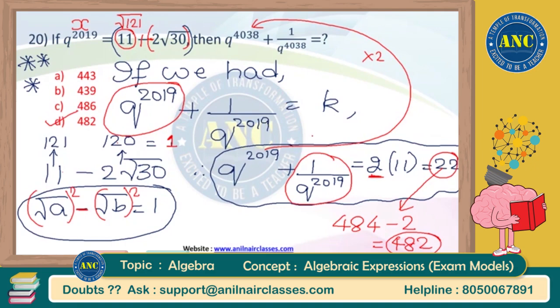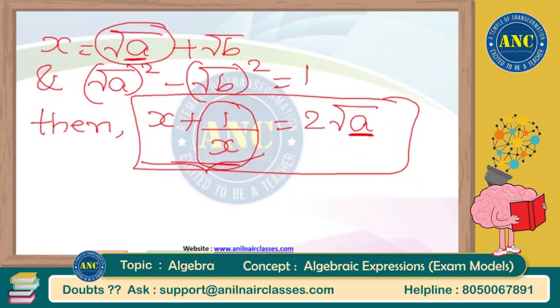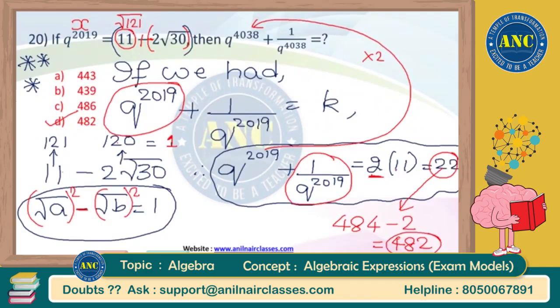So from there, using this notation, I can get it as 2 into root a, so it is 2 into root 121. 2 into 11 is 22. So 22 is q power 2019 plus 1 by q power 2019. But they want it for power 4038, so it is k square minus 2.